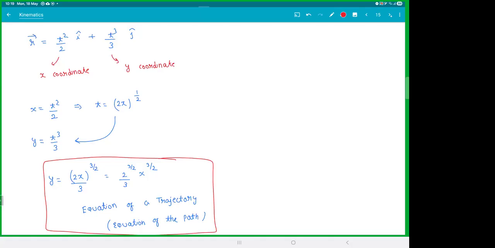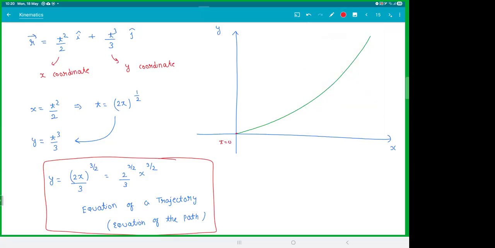If I try to draw this, if I put this on a graph, y versus x, this is how the path would look. It's some curve like this. At t is 0, you're here. At t is equal to 2 seconds, you're somewhere here.